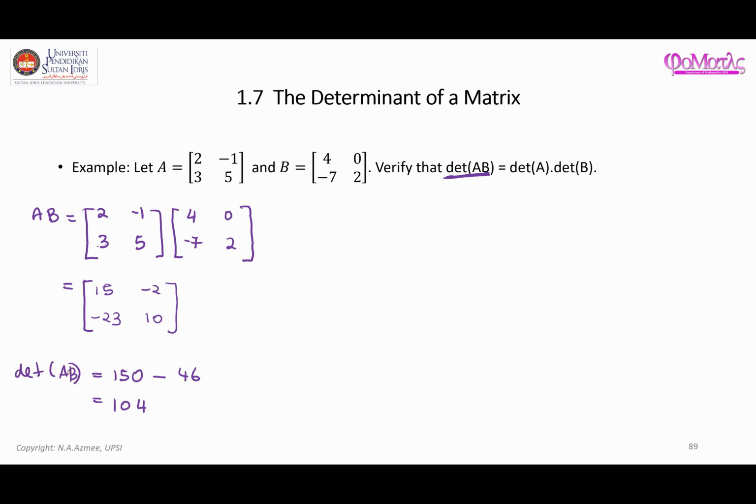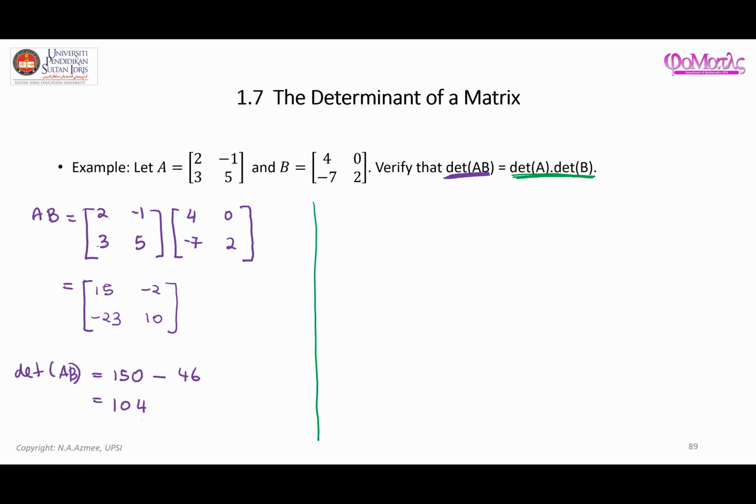Sorry, this is the determinant of AB. So we're done with getting the result for this process. Now I'm going to focus on showing that if I do this process, the result will be the same as what we have just obtained here.